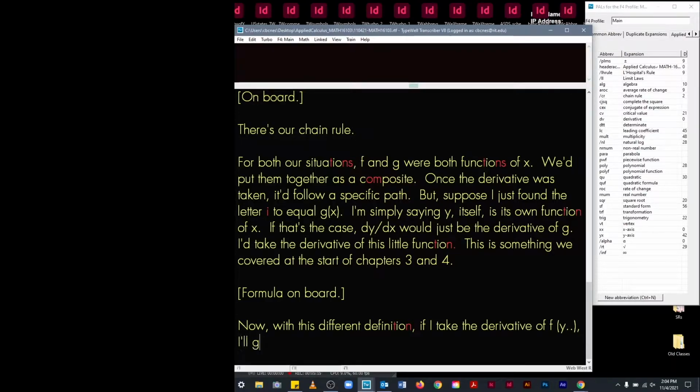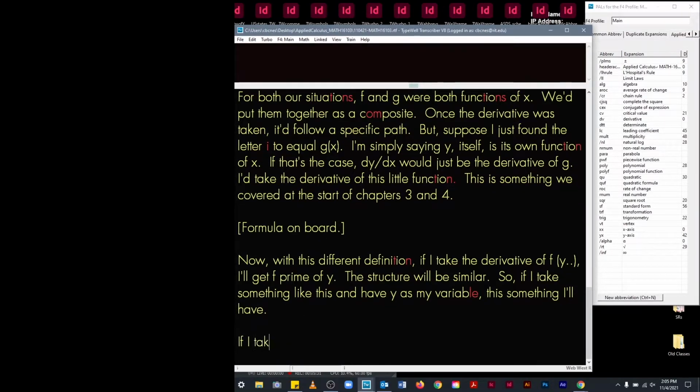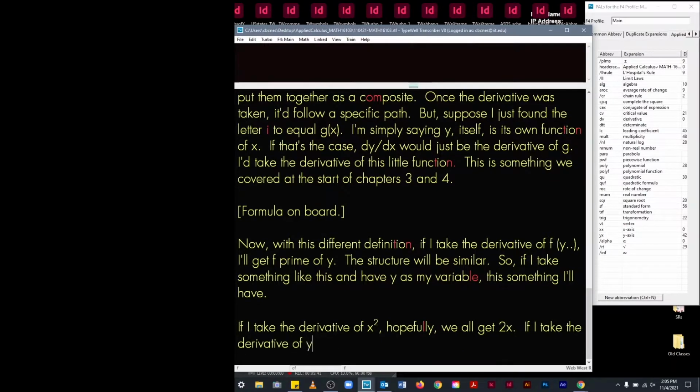So if I take the derivative of a function of y, where y is my variable, this is the typical form that I'm going to have. So if I take the derivative of x squared, hopefully we all get 2x. If I take the derivative of y squared, I'm going to get 2y times dy dx.